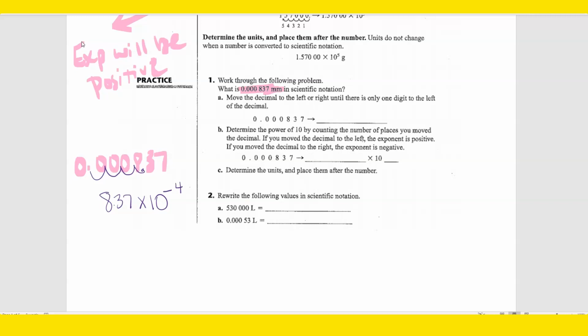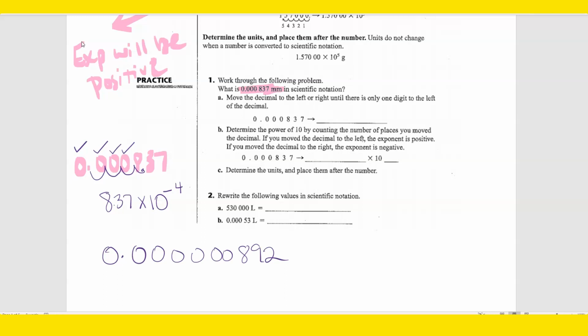Now, here's another little trick that you all can think about. Count the number of zeros you see. 1, 2, 3, 4. Guess what? That also equals your exponent. I'm going to do another one just so you can see how easy this can be. Let's say 0.0000892.